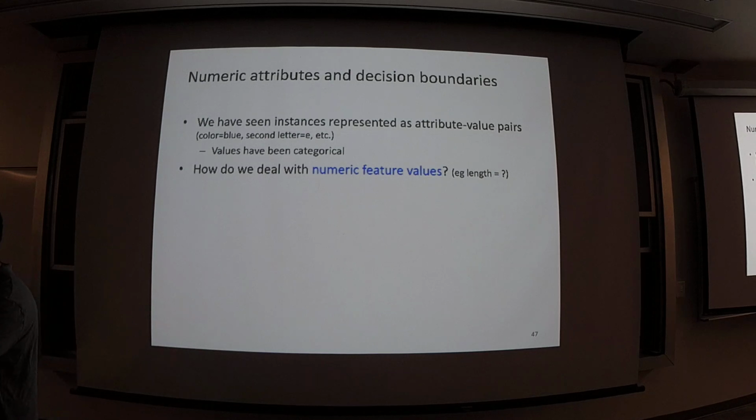You have rectangle shapes, triangle shapes, circles, right? But what if you have continuous features? You have numerical features like length, height, temperature, price. How can we deal with that in the tree construction?